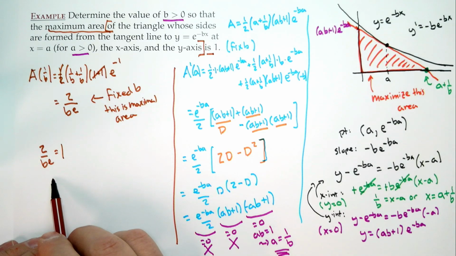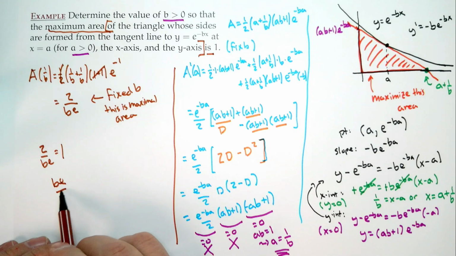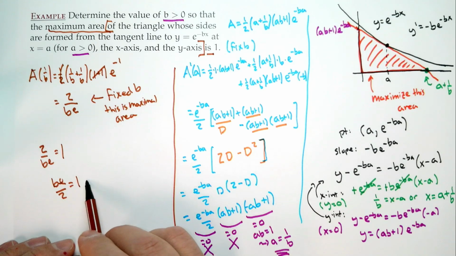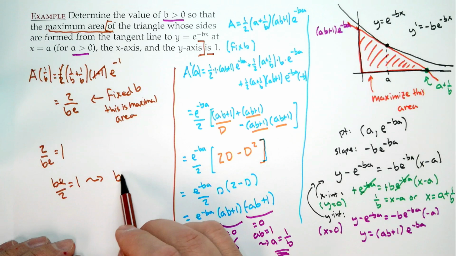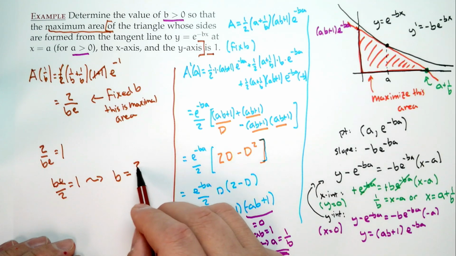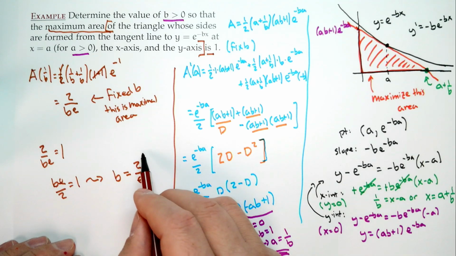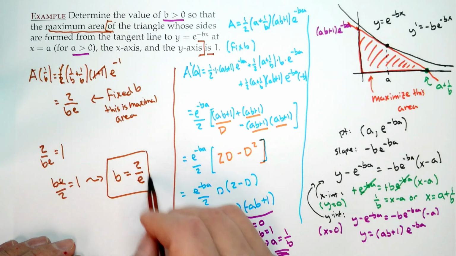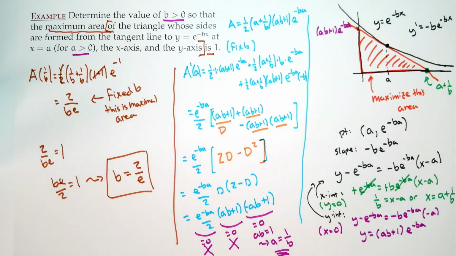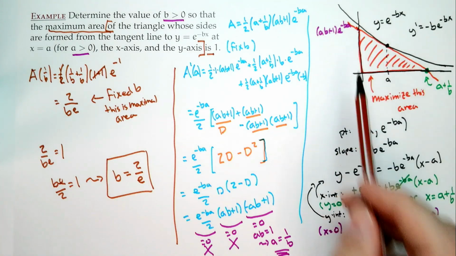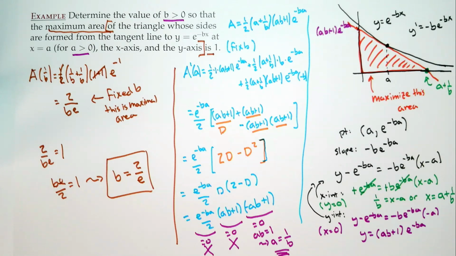Well, flip both sides. b times e over 2 had better equal 1, which gives us our final answer that b had best be 2 divided by e. And that is the one for that particular choice of b. When we maximize the area that we can get in this fashion, the maximum will be 1.